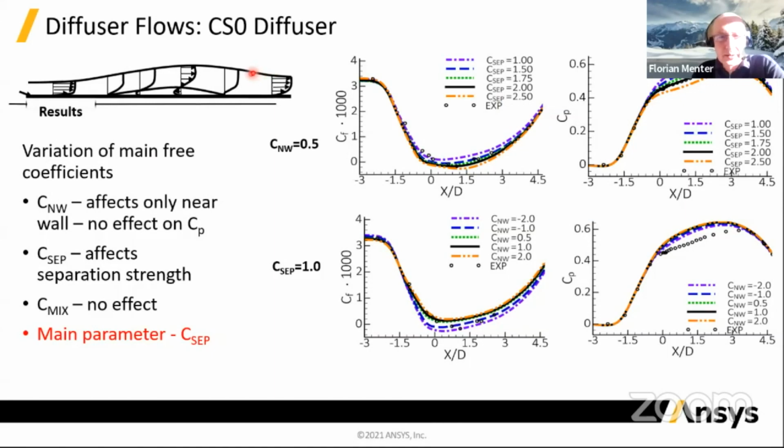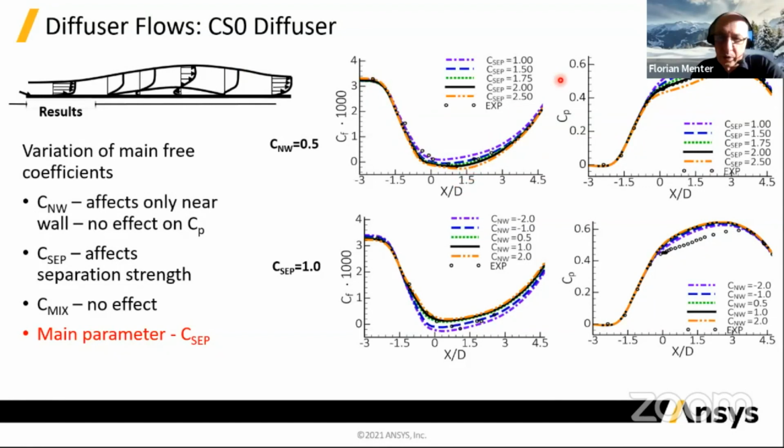Here's another test case where you have a diffuser flow, and the diffuser has a small separation bubble here. So you have an axisymmetric diffuser with a wall opening up and causing a drop in the wall shear stress here.